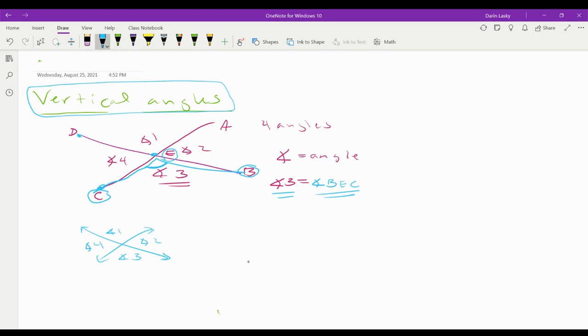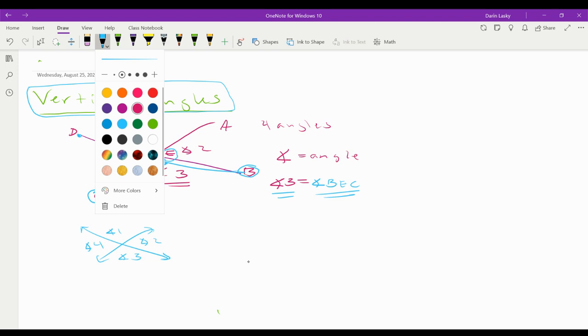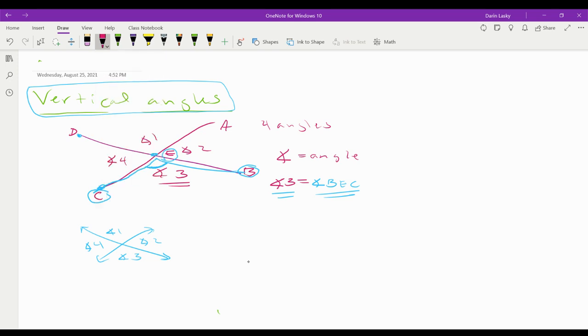What makes it special is that vertical angles are angles that are directly across from each other. So angle 1 and angle 3 are vertical angles, and angle 1 is equal to angle 3.